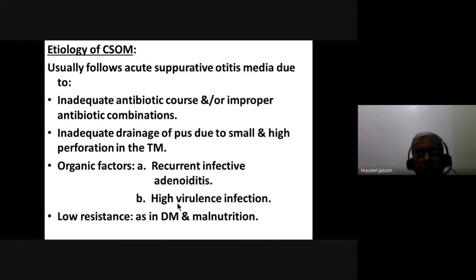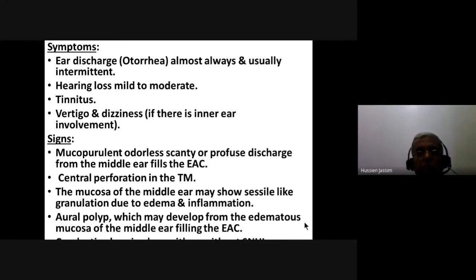Or the bacteria have high virulence, or the patient himself has low resistance, such as diabetic patients and malnutrition. All these might participate in the development of chronic suppurative otitis media.